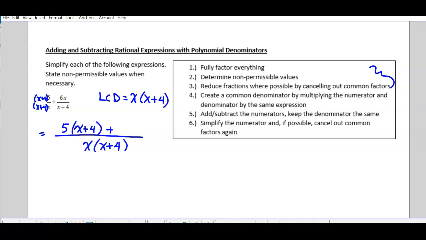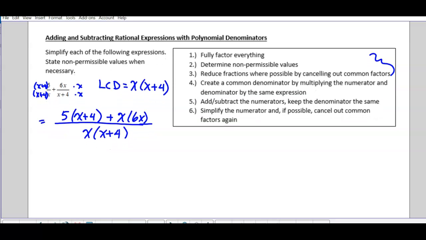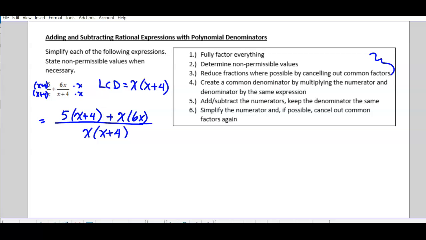And then plus, here we have to multiply by x, top and bottom. So that'll be x times 6x, or 6x times x, doesn't really matter. And then I expand to get rid of the brackets, but I keep my denominator in factored form.